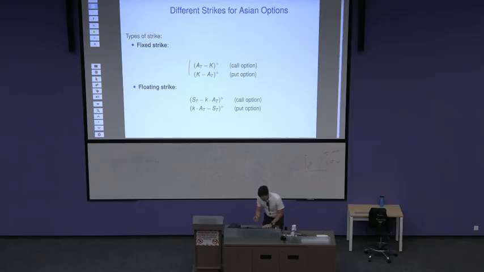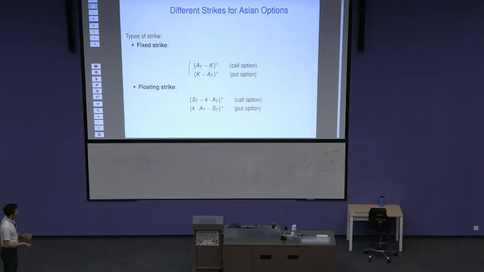Floating strike means you take something like a European call option, and then the strike of the European call option depends on the average value itself. So it's also some kind of notion of averaging of an Asian option, but related also to the asset price, right?